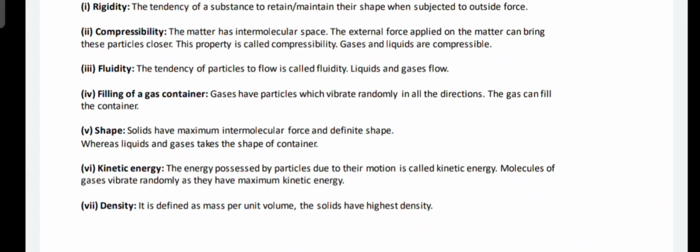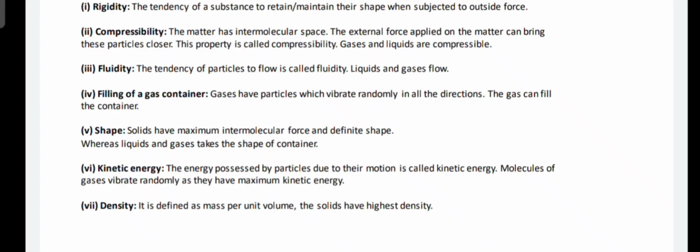Filling of a gas container. Gases have particles which vibrate randomly in all directions. The gas can fill the container. So this is the property of the gas. Now the shape. Solids have maximum intermolecular force and definite shape, whereas liquids and gases take the shape of the container.